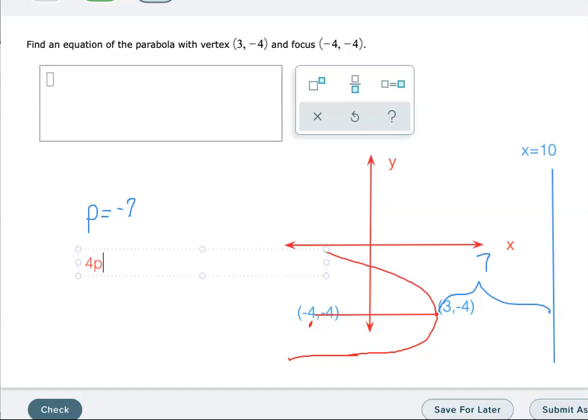4p times (x minus h), that's the linear term, equal to (y minus k) squared.